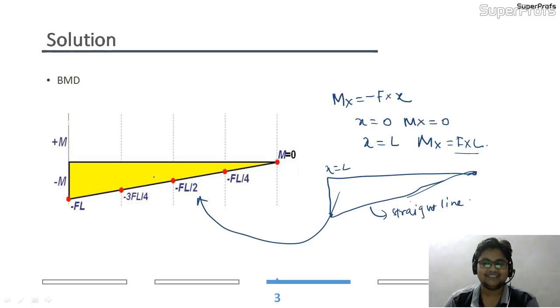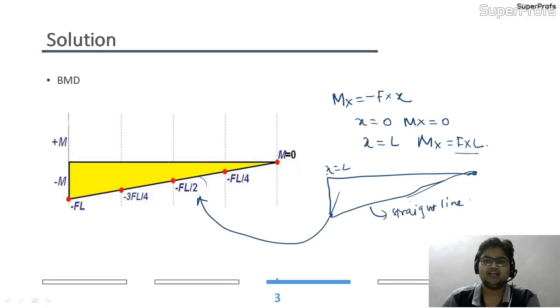Here you can look very carefully that it is a straight line, and you know that a straight line has a constant slope. So I can conclude in the reverse manner that the beam is suffering a constant shear force, and a constant shear force will only come into the picture when there is only one concentrated load acting on the cantilever beam at the free end.